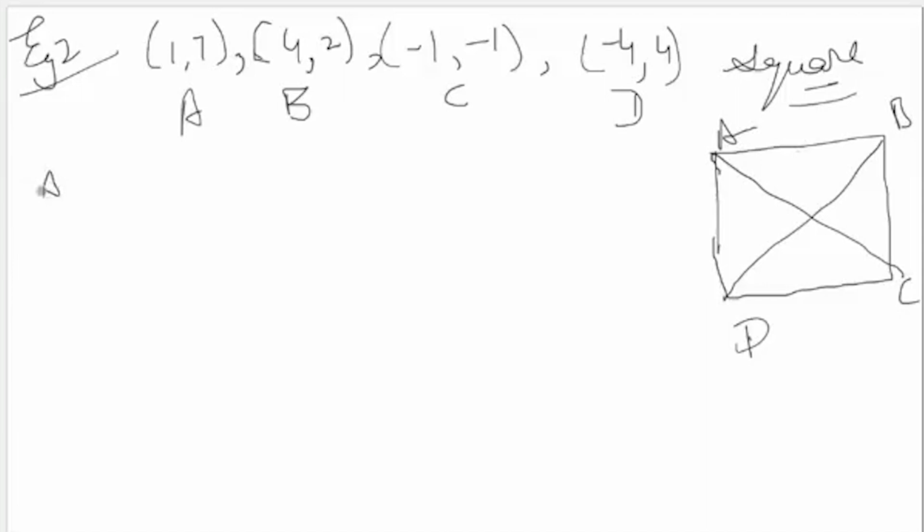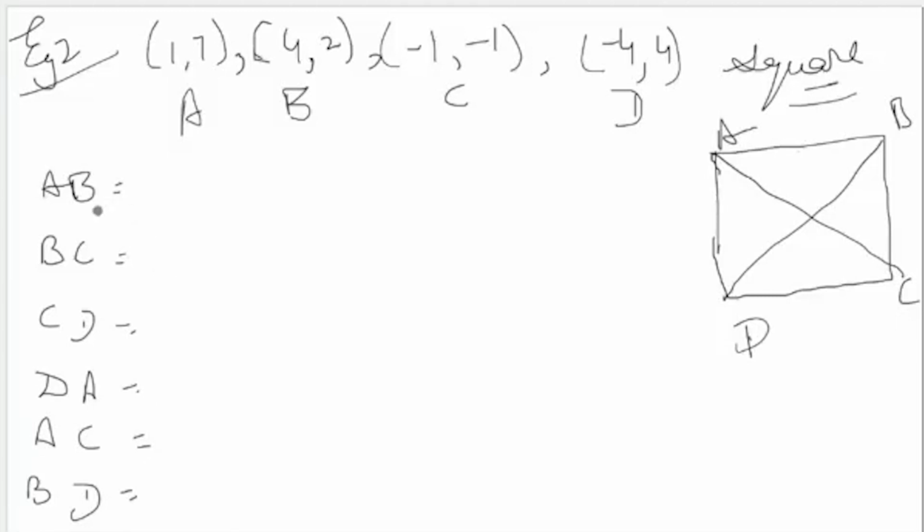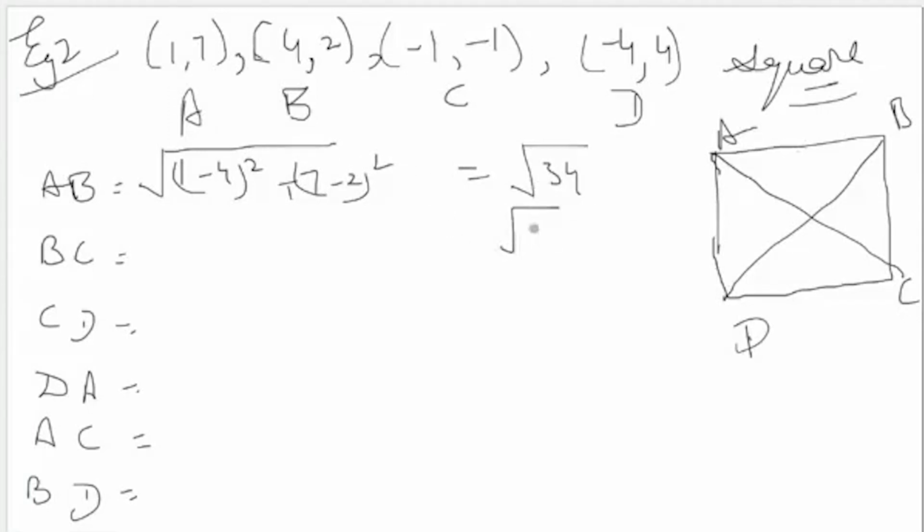So very first we'll be finding AB. Everyone find AB, BC, CD, DA, then AC and BD. Try this. AB is equal to root 34. Very good. Okay, root 34. Next, DA, ma'am, all are root 34, ma'am. Okay, root 34.